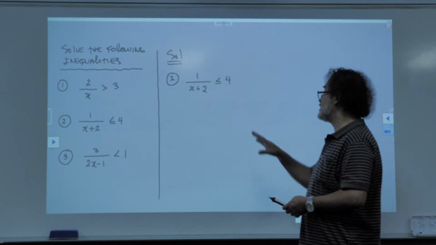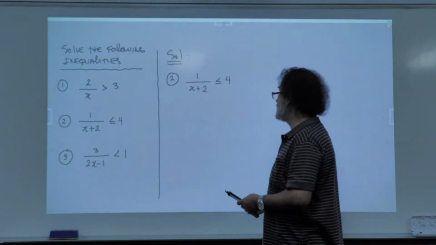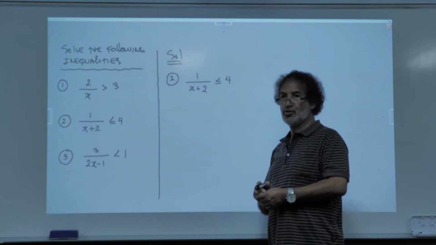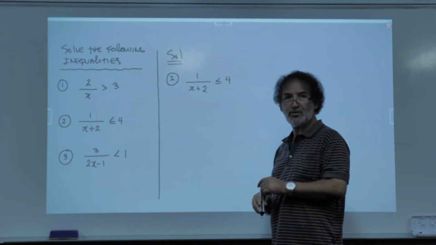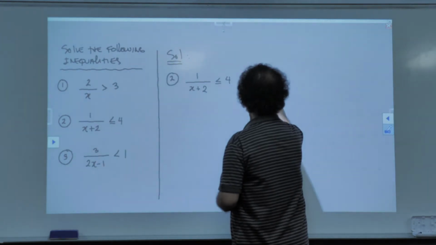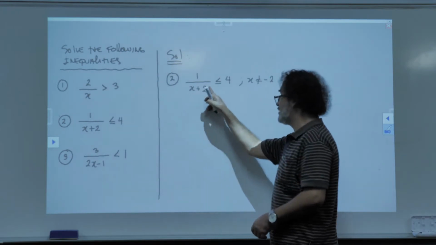First of all, we need to inspect this inequality and see for which value of x this becomes undefined. What number will make the denominator equal to 0? -2. Can you see that? So x cannot be equal to -2, because if you take x equal to -2, then this becomes 0.